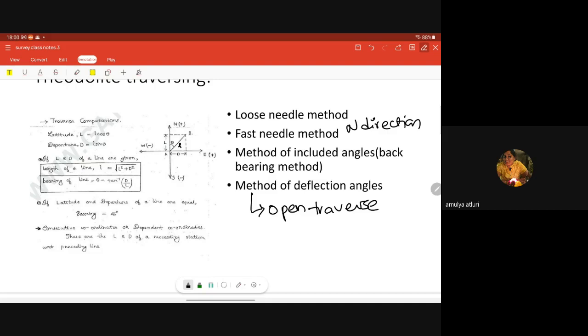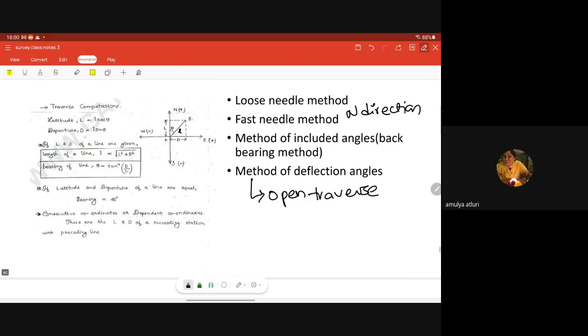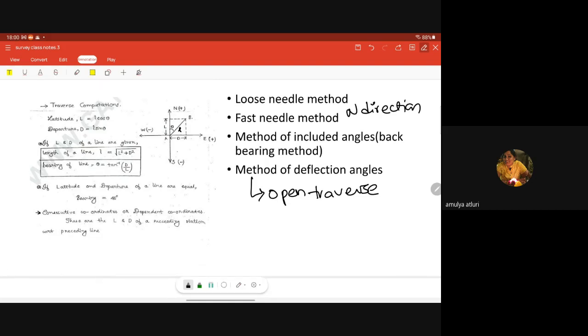Okay. If L and D of a line are given, then length of line is root of L square plus D square. We know that, right? And the bearing of line theta is equal to tan inverse of D by L. If the latitude and departure of line are equal, then the bearing must be 45 degrees. Okay. Here the bearing can be 45 degrees.